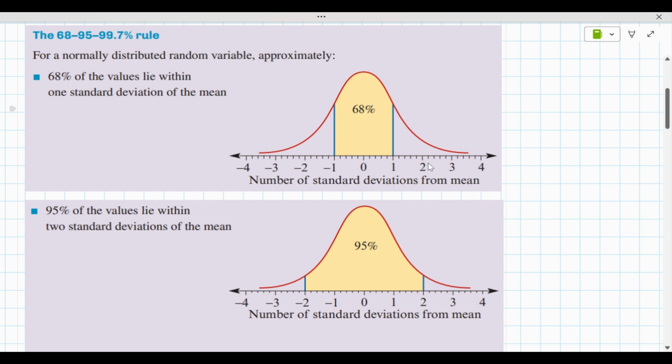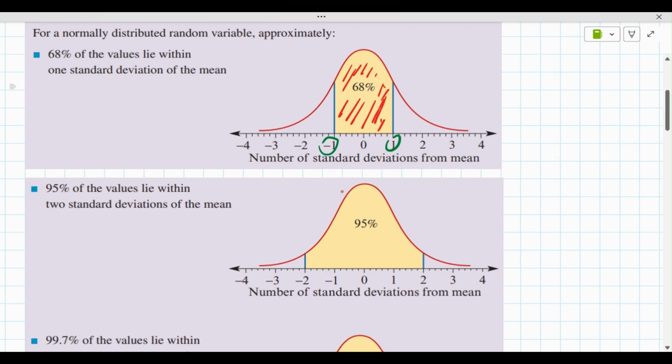If you say the number of standard deviations from the mean, you can name it with the number lines. So -1 to 1 is 68% of your whole graph, and that is one standard deviation of the mean.